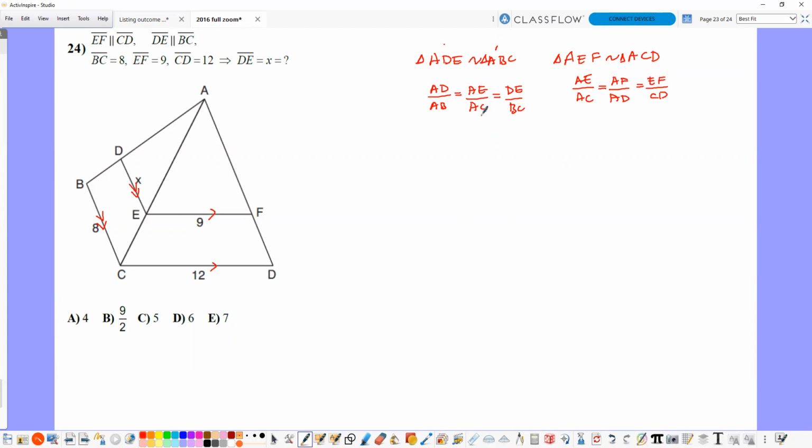So since we have AE divided by AC here in both, they must be equal to each other. I'm trying to tell you that one.